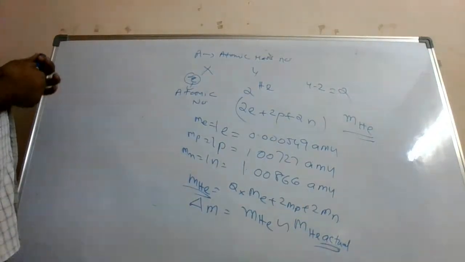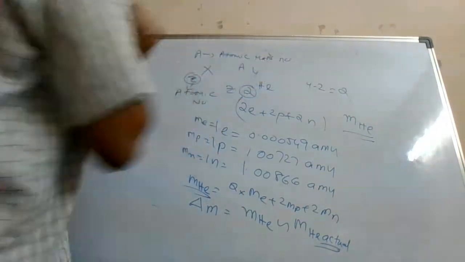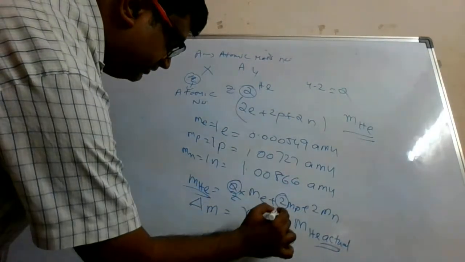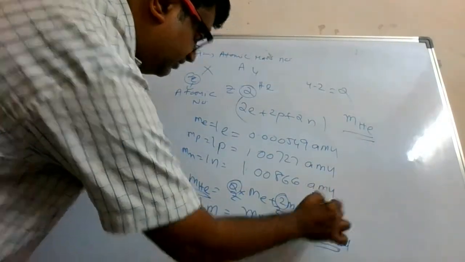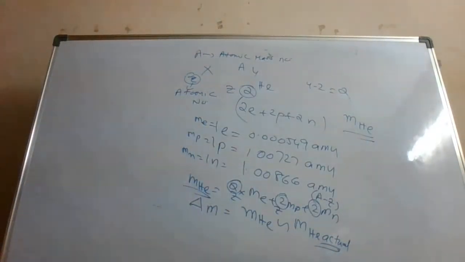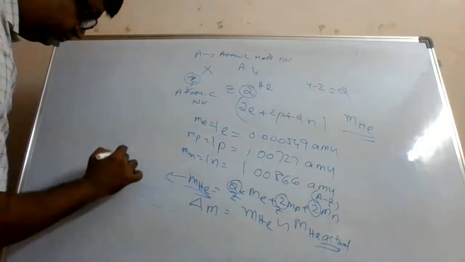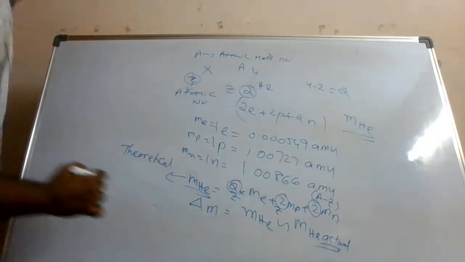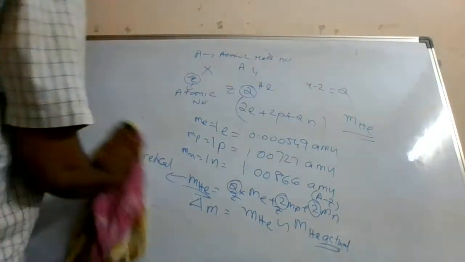Now this is Z, this is A. So replace this with Z, replace this with Z, and replace this 2 with A minus Z. This is the theoretical value. This is how it should be, right? But actually it is slightly less. Why? We will see that.